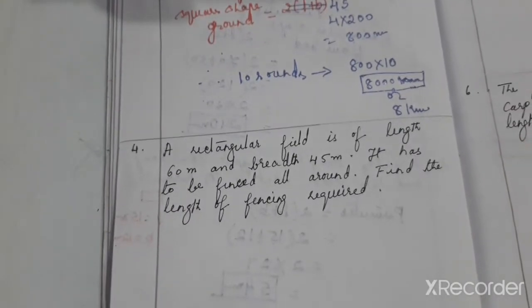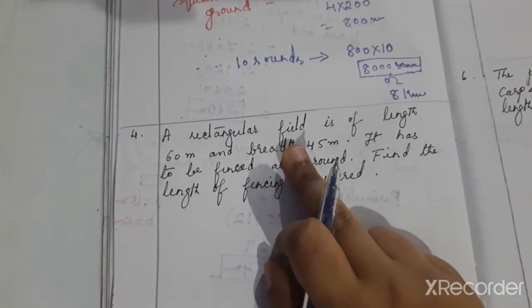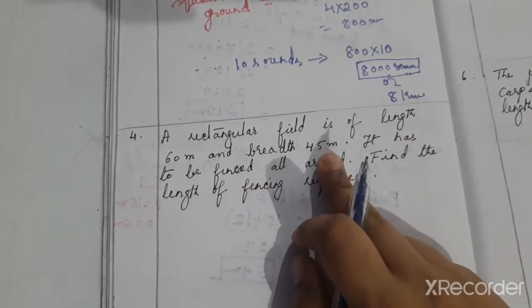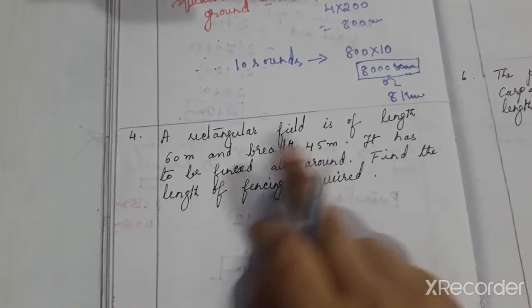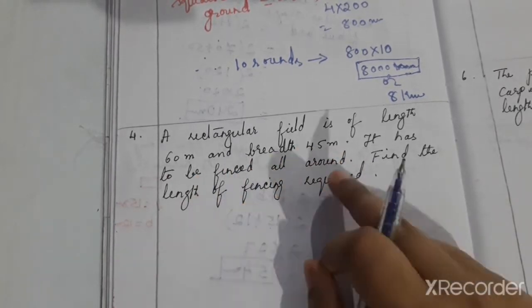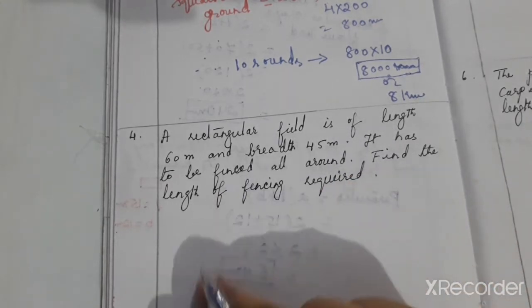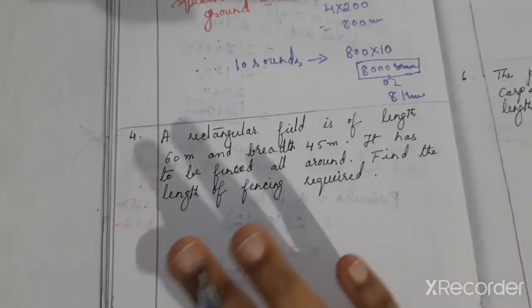Now fourth question. A rectangular field is of length 60 meter and breadth 45 meter. So length and breadth are different measurements, that is a rectangular shape. It has to be fenced all around. Fence all around means total length we have to find, so it is a perimeter question.